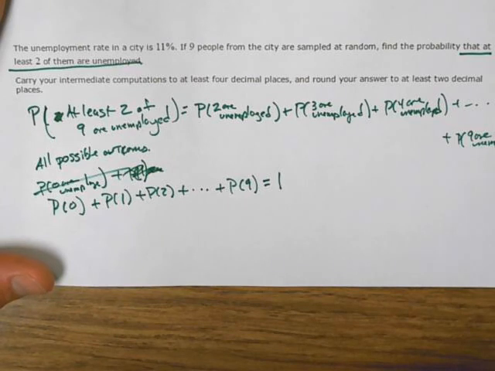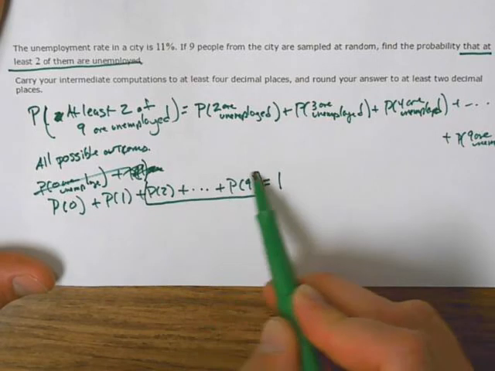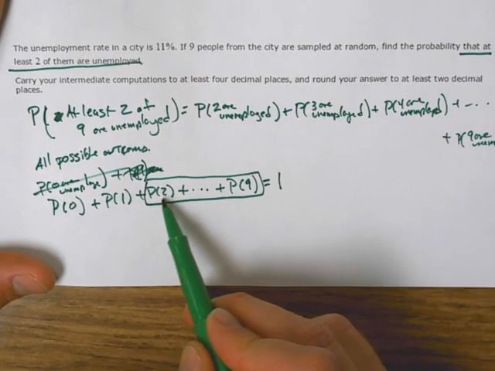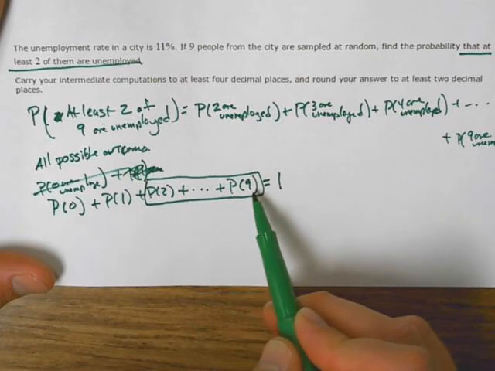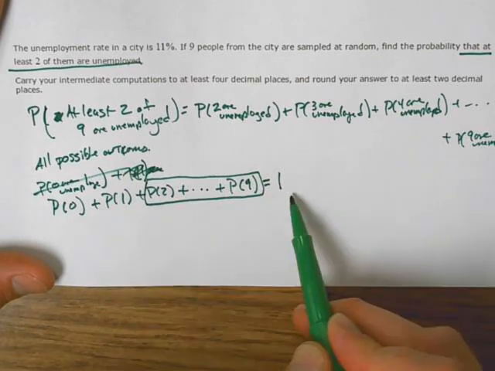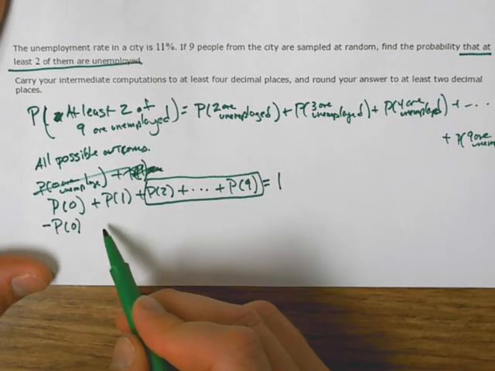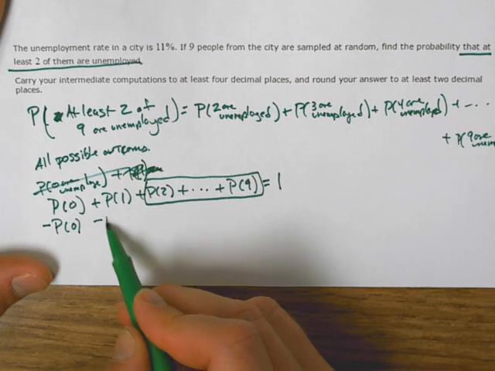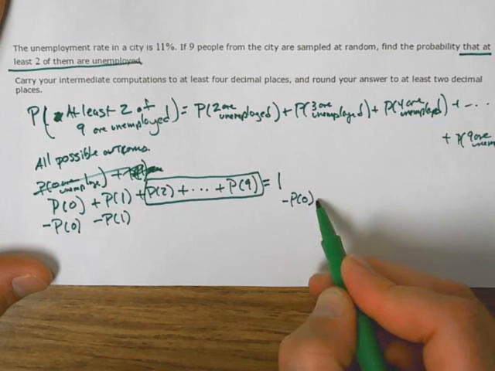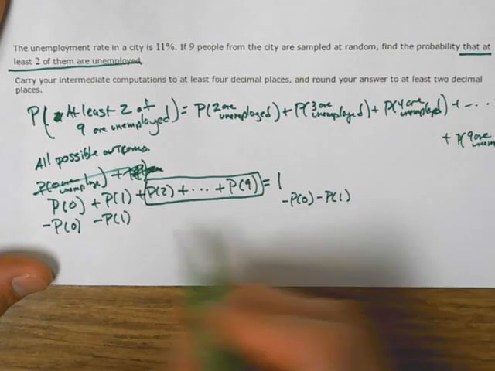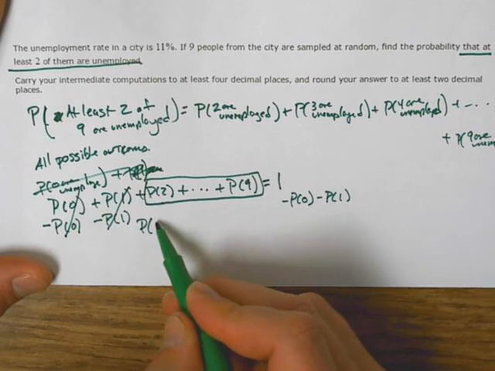So if you think about it, we wanted to get just this chunk of the equation. We want to add together the probability of 2 people, or 3 people, or 4 people, or 5, all the way up to 9 being unemployed. Well, if I add all this and it equals 1, I think you would agree that if I just subtracted the probability of nobody being unemployed, and also subtracted the probability of 1 person being unemployed from both sides of the equation here, I would end up with what I want, which is the probability of at least 2.